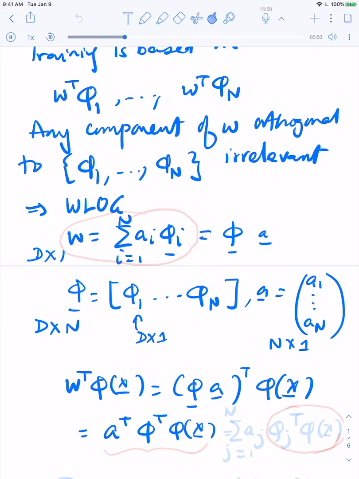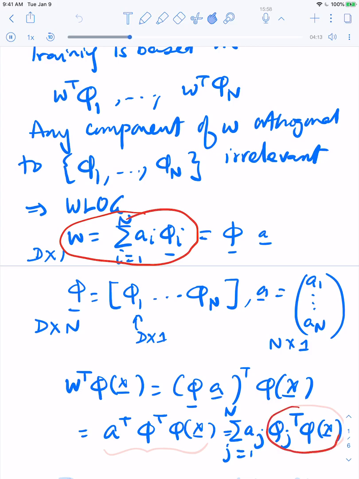So what is this? I'll just write it as summation j equals 1 to n aj phi j transpose phi x, going back to this representation.